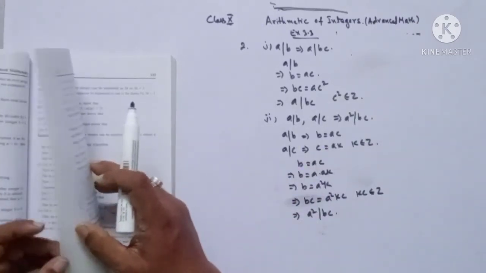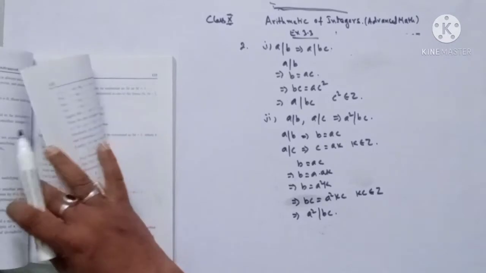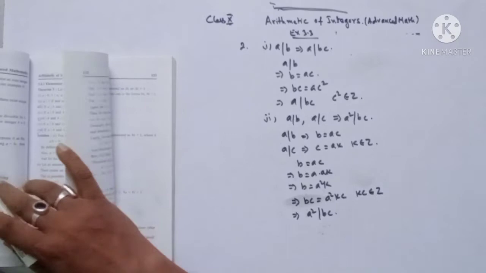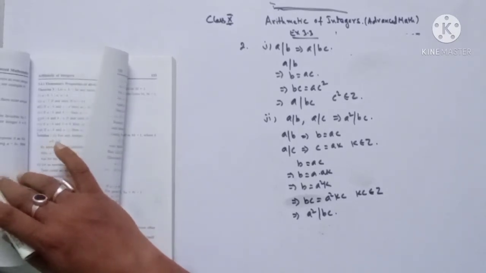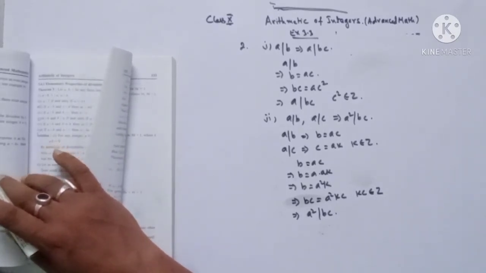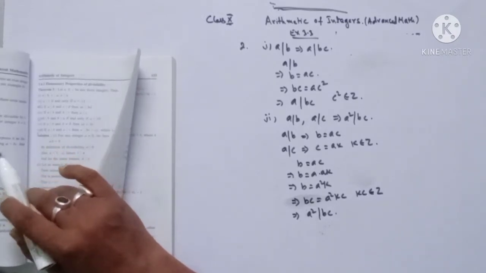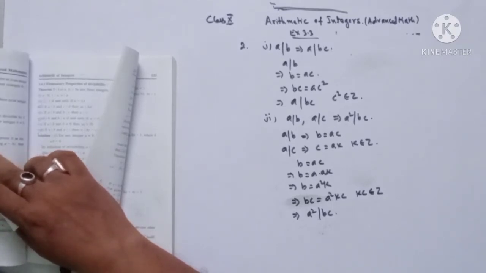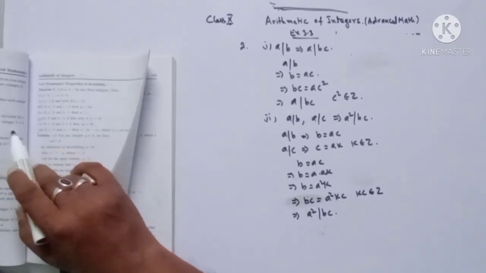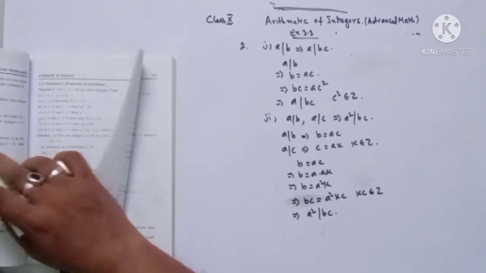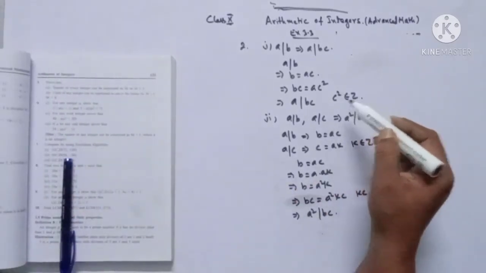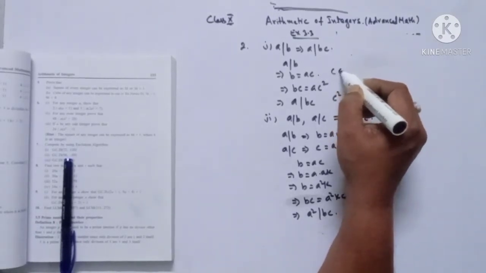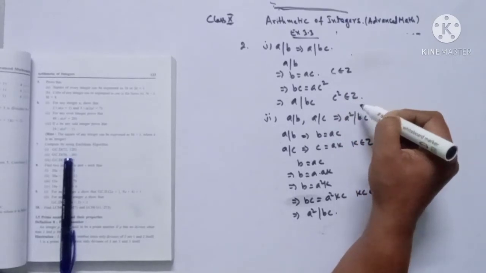It is given here in the theory, in the definition, that any integer is said to be divisible by another integer B if there exists an integer C. So here since C is an integer, that means C belongs to Z, so C square is also an integer.